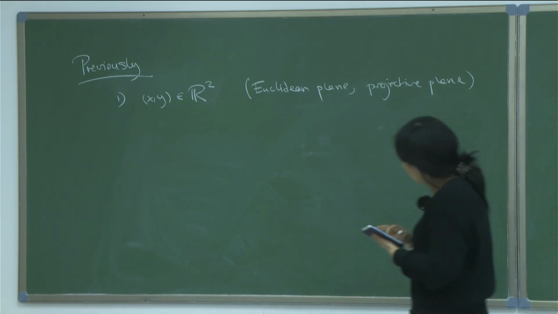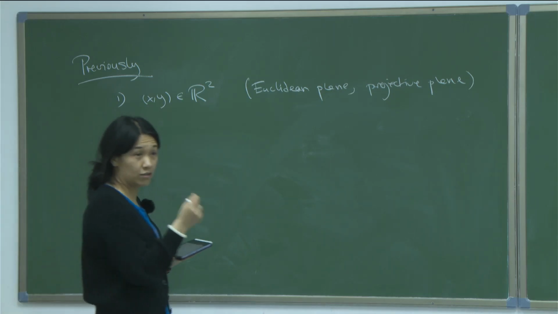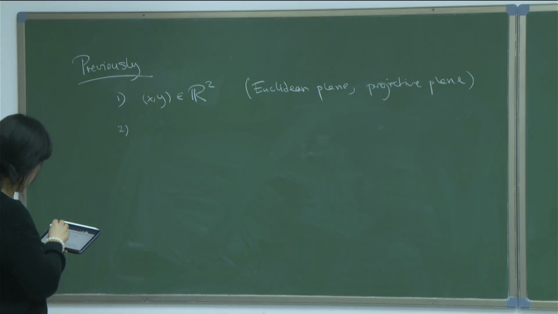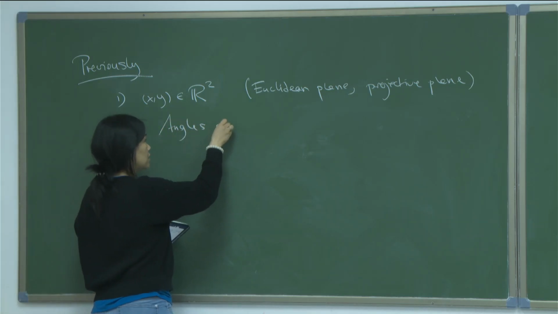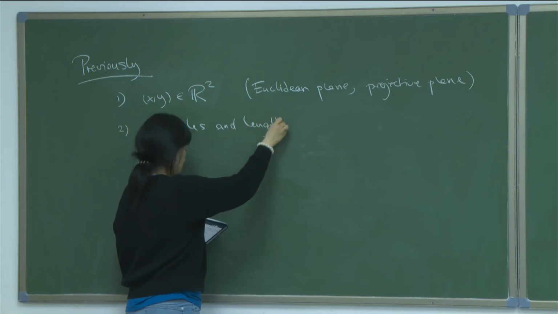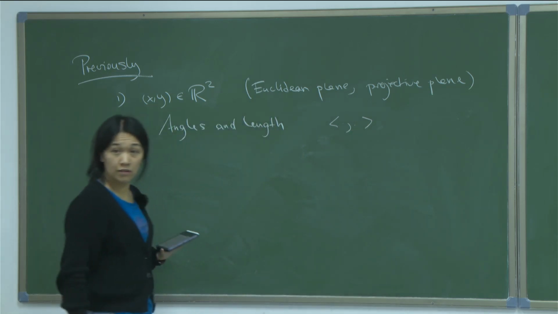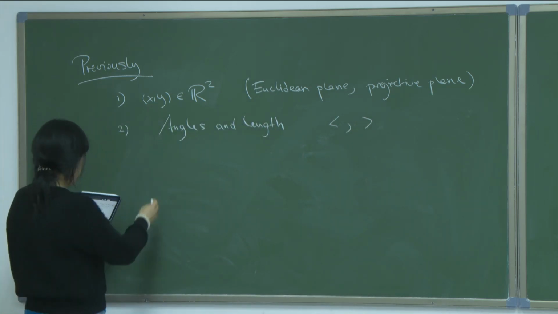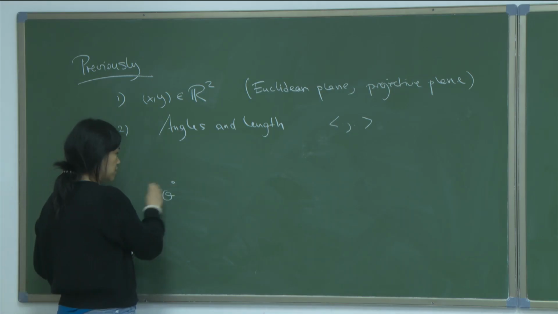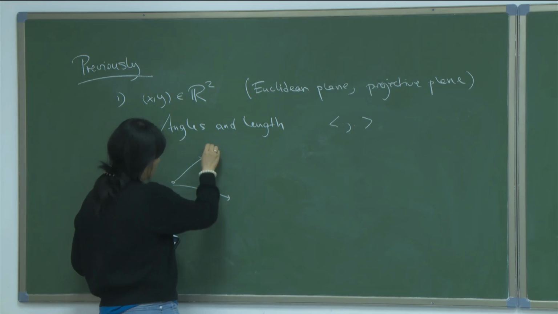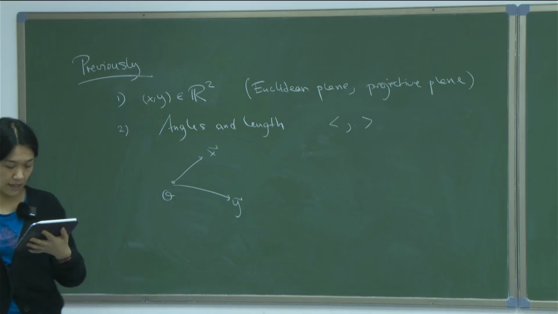And later on, we can see whether the nature of the theorem is either Euclidean or projective, or even something else, okay? And if it's Euclidean, we had angles and length, right? And they were given by a scalar product. For angles and length, what we need is somehow a zero vector. And with respect to these directions, we can talk about angles and length.